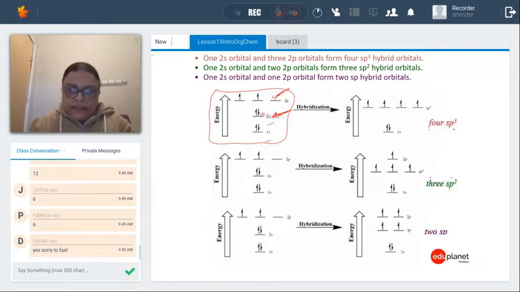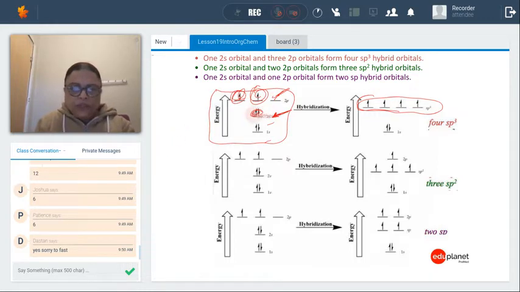What I can do is take these electrons and create 4 new orbitals. So I will take these 2 electrons, I will take these 2 electrons, and I will create 4 new orbitals. If you create 4 new orbitals, look what happens.